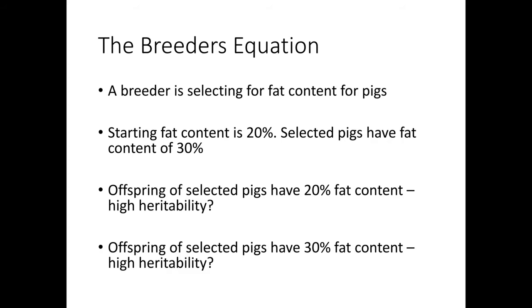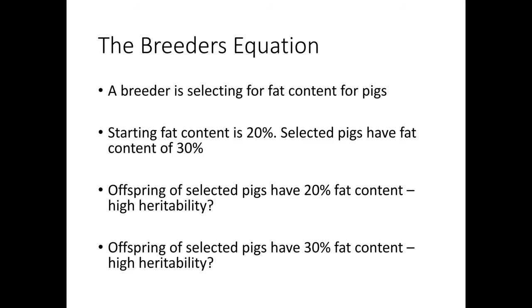Alternately, you have a scenario in which you breed these ones for 30% fat content and all of the offspring have 30% fat content. In that case, you would be like, whoa, I have a really good response to selection. My breeding seems to be going well, and it indicates very high heritability.